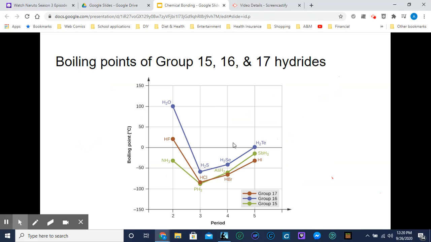Okay. Another example of all of this is if we look at the boiling points of the group 15, 16, and 17 hydrides.